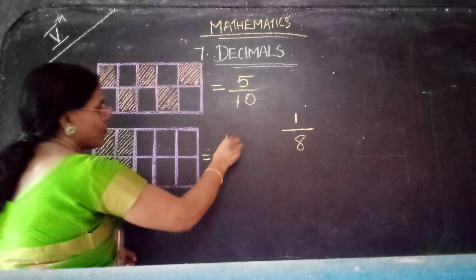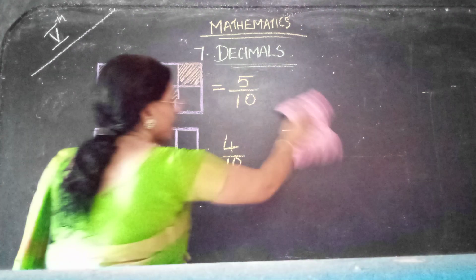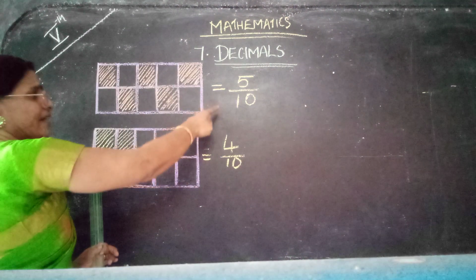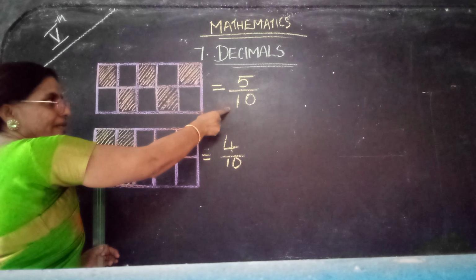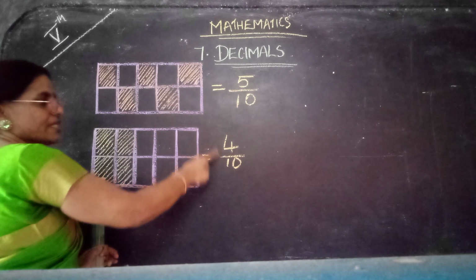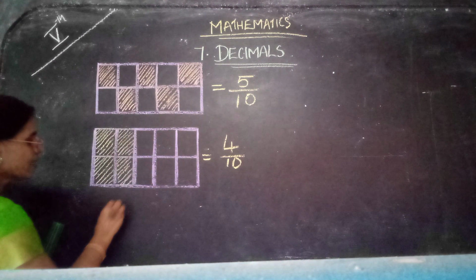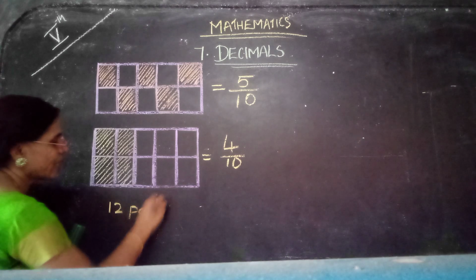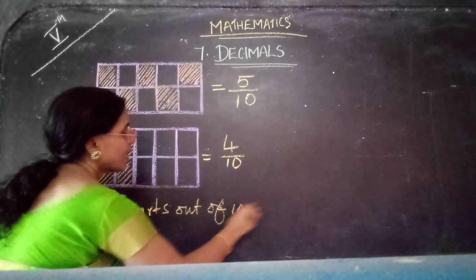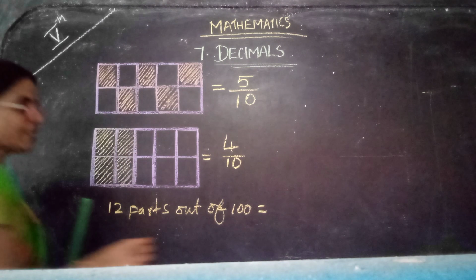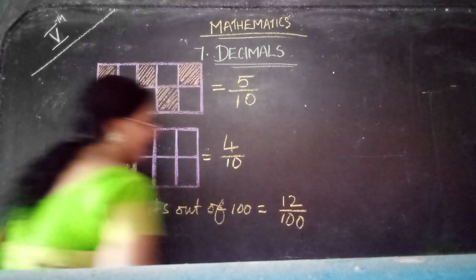Yes, 4 by 10. 4 parts out of 10. Similarly, 12 parts out of 100. How can you write it as a fraction, children? 12 by 100. Very good.